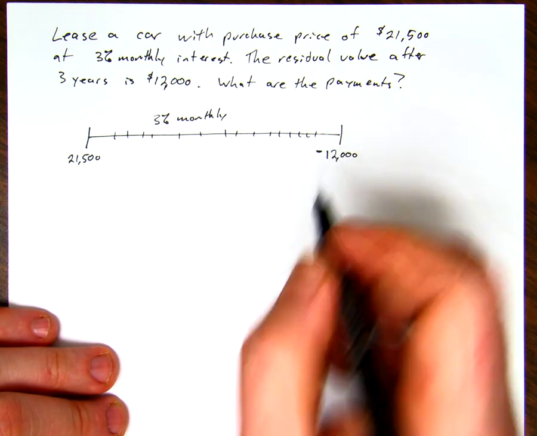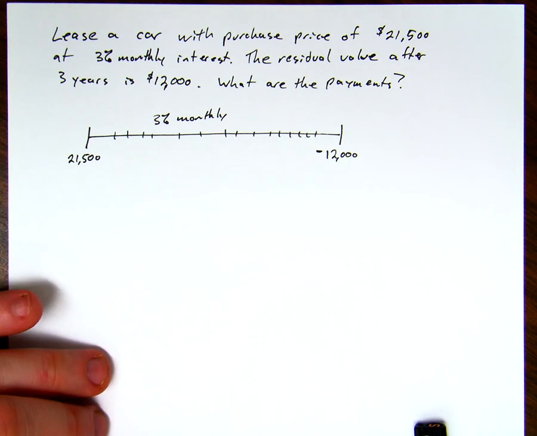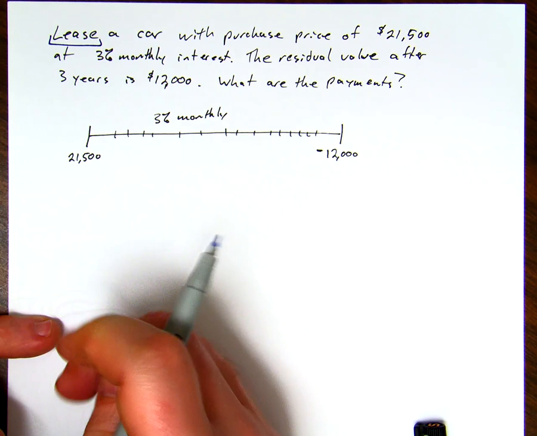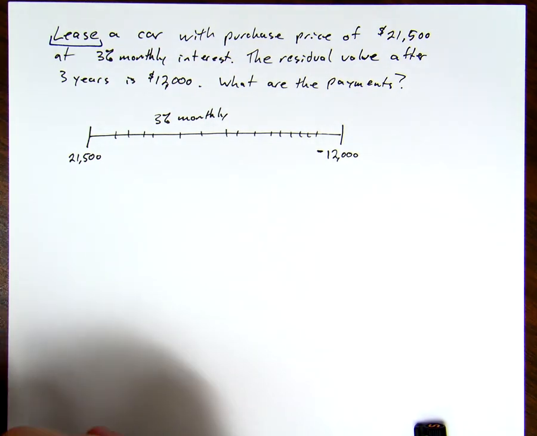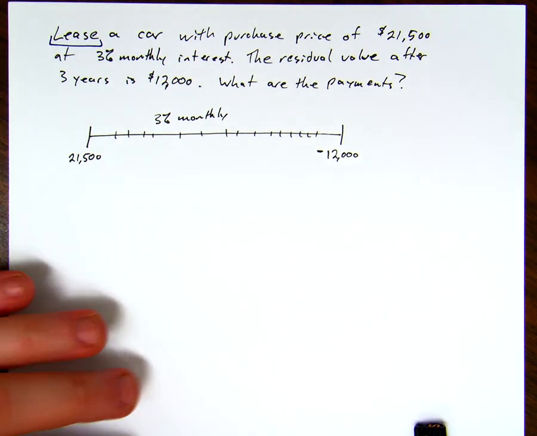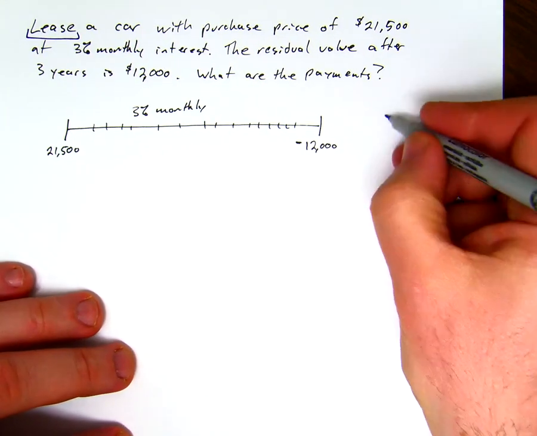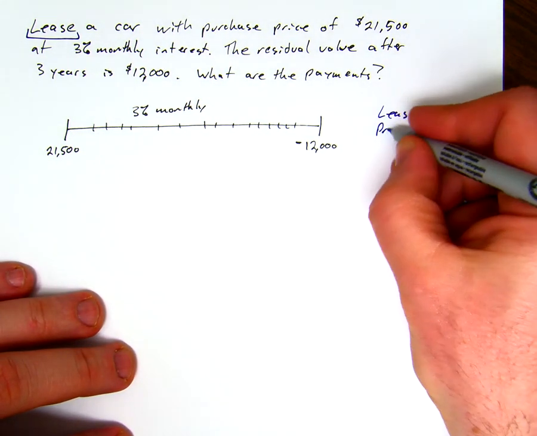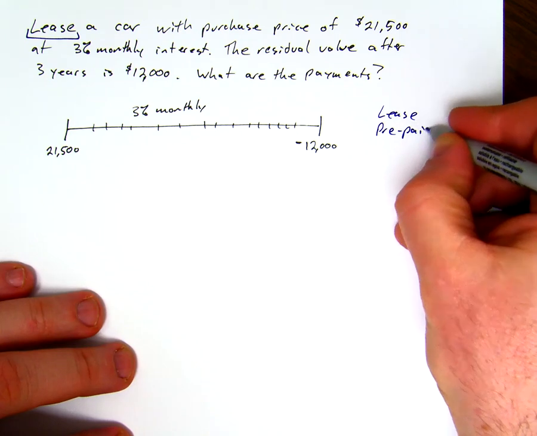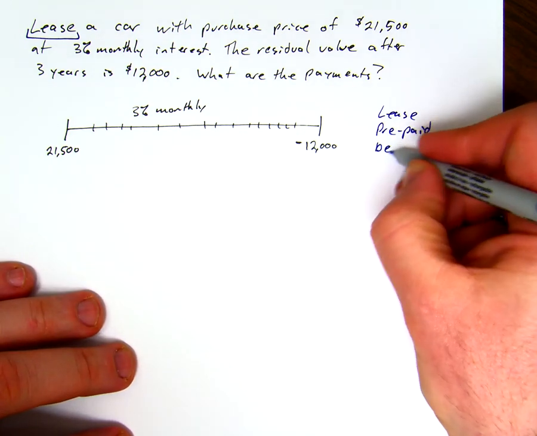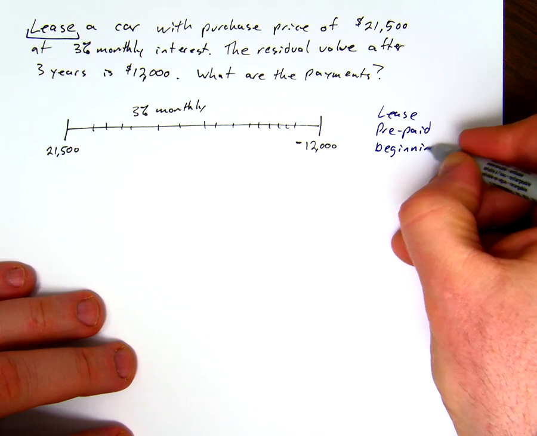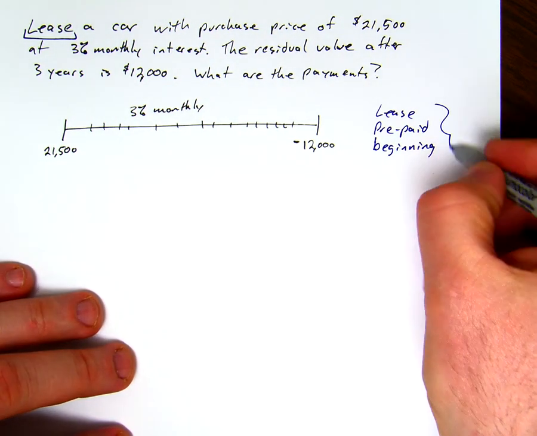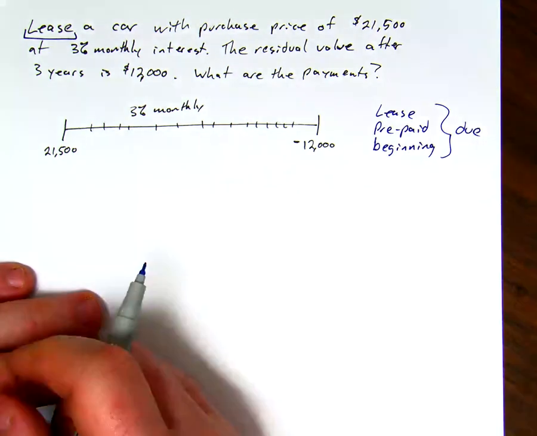The other thing we're interested in here is because it says lease, we know that this is annuity due. We're going to look for keywords, which are lease, prepaid, or just at the beginning of the period. If it has any of these 3 words, we know that this is an annuity due.